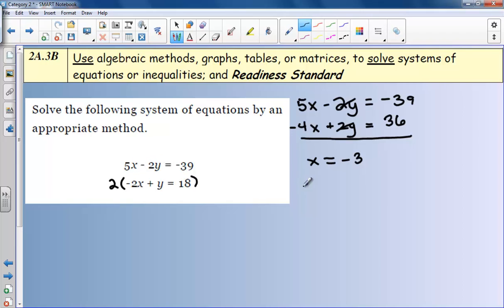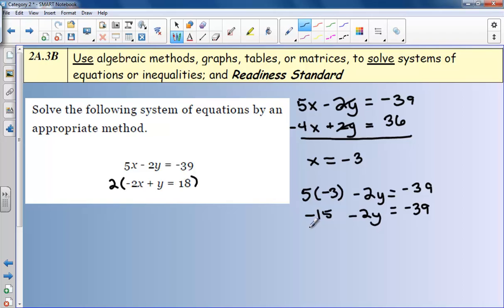Then I'm going to go back up here, and I'm going to substitute in now what I know. So 5 times negative 3, that was my x, minus 2y equals negative 39. So I've got negative 15 minus 2y equals negative 39.